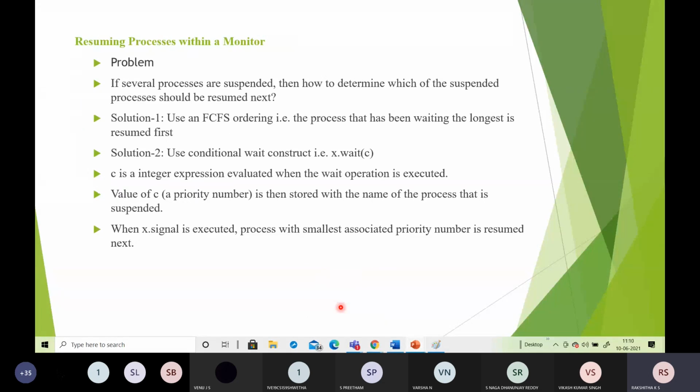Next, resuming the process within a monitor. We have seen that in the monitor we can resume the process. For example, P1 has already entered the monitor. Let me show that diagram.